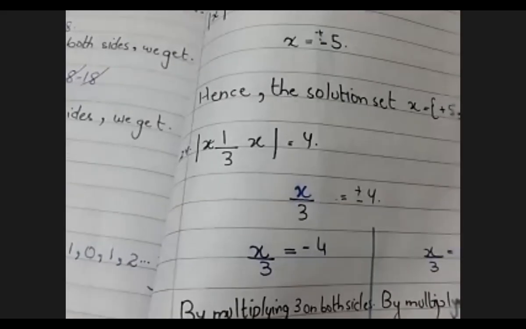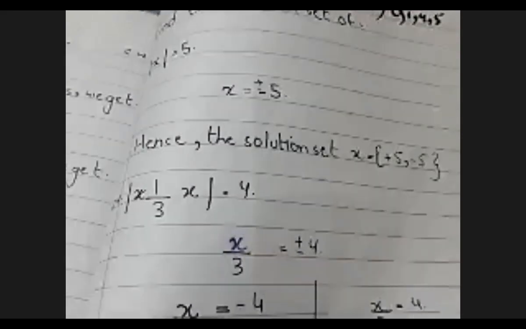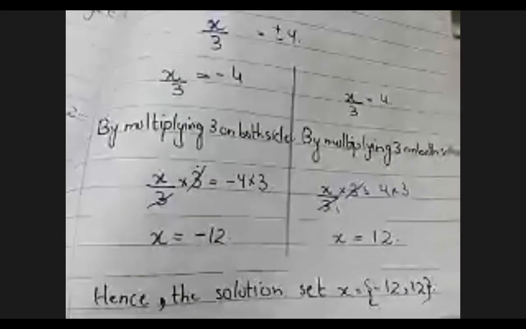Hence the solution set x is equal to plus. Beta, first we have to write -5 and then +5. Okay, Aisha? Hence the solution set x is equal to -5 and +5. Make correction over here. Now, Aisha, show me the solution of question number 4. Yes, very good. Excellent. -12 plus 12.